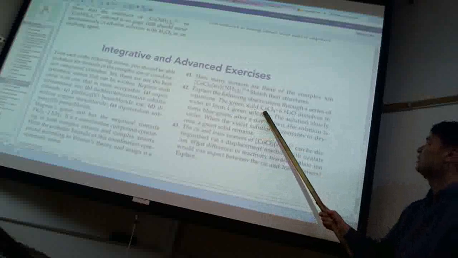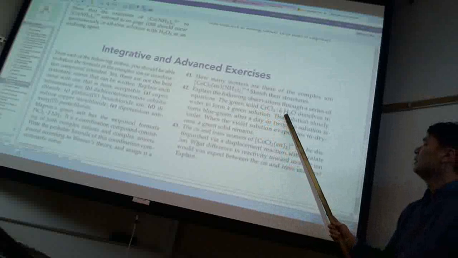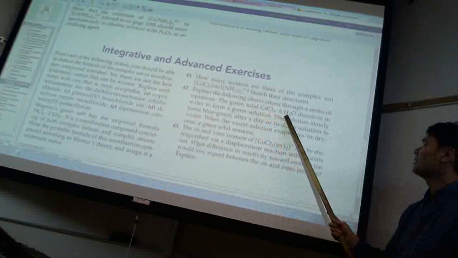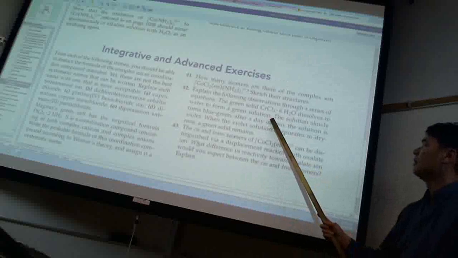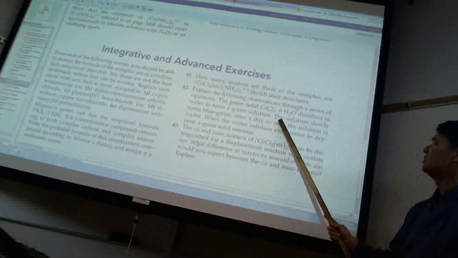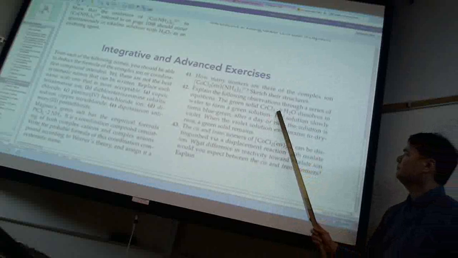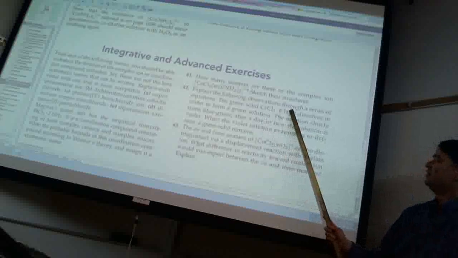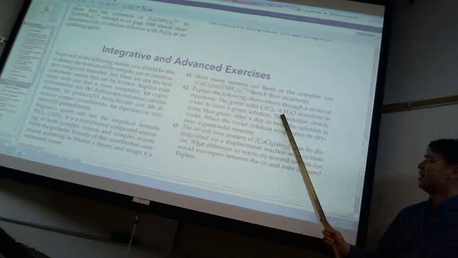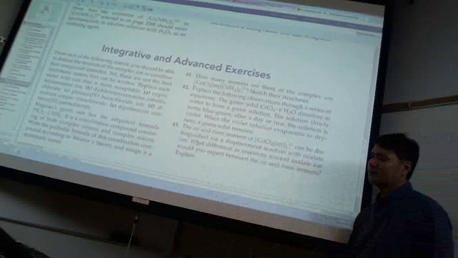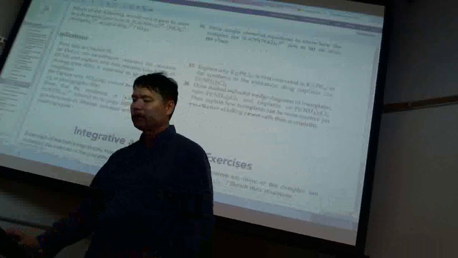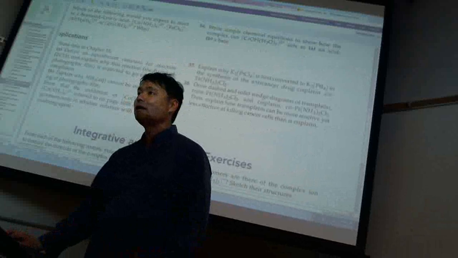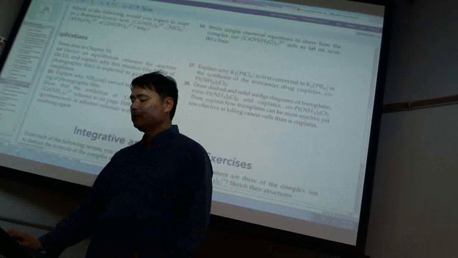The green solid, chromium 3 chloride hexahydrate, dissolves in water to form a green solution. And so when we look at this solution, how do you figure it out? For this particular problem, I wanted you to go back in the book and see if you could find that complex. What do you think the complex is?